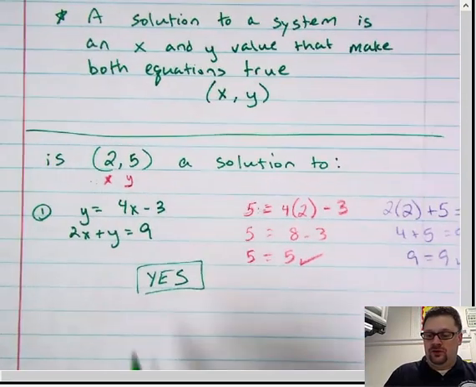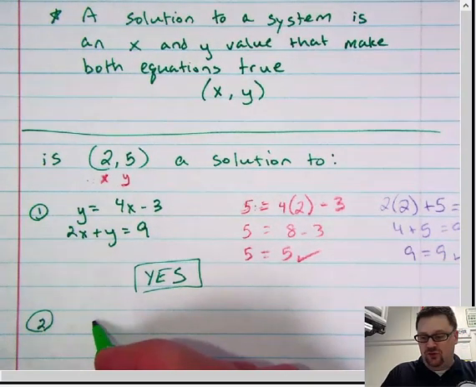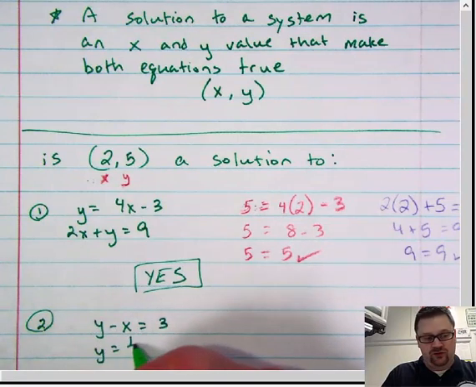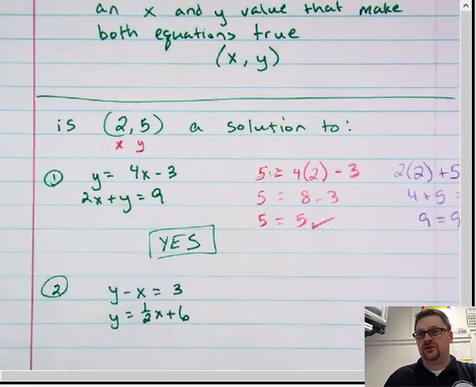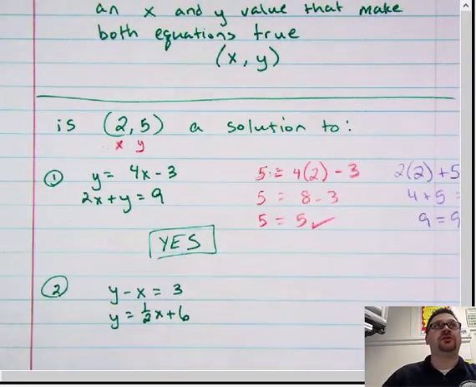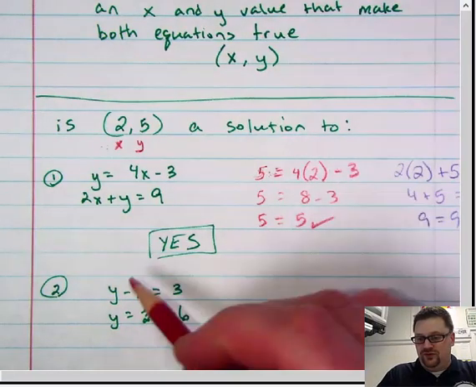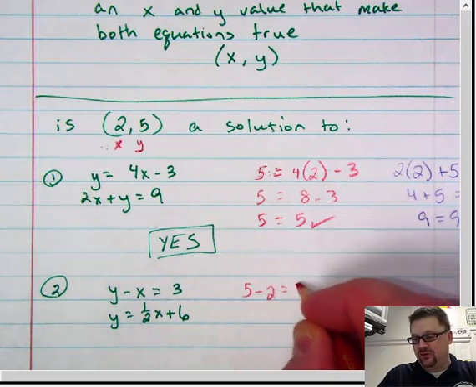Okay, well, is it a solution to y minus x equals 3 and y equals 1/2 x plus 6? Okay, let's use the same point, try doing the same thing. So let's see, y is 5, so is 5 minus 2 equal to 3?